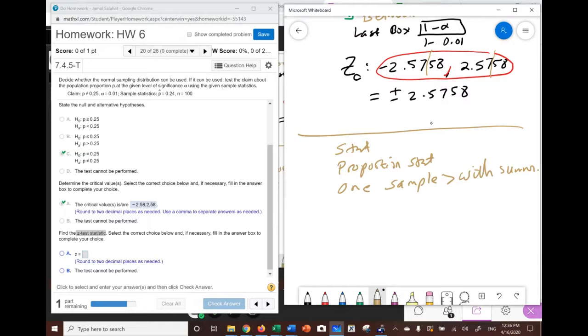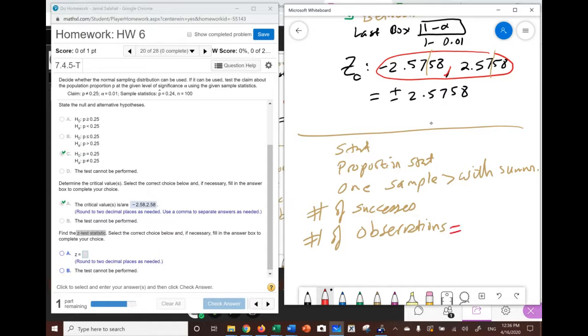And from there, I'm going to fill in number of successes and number of observations.